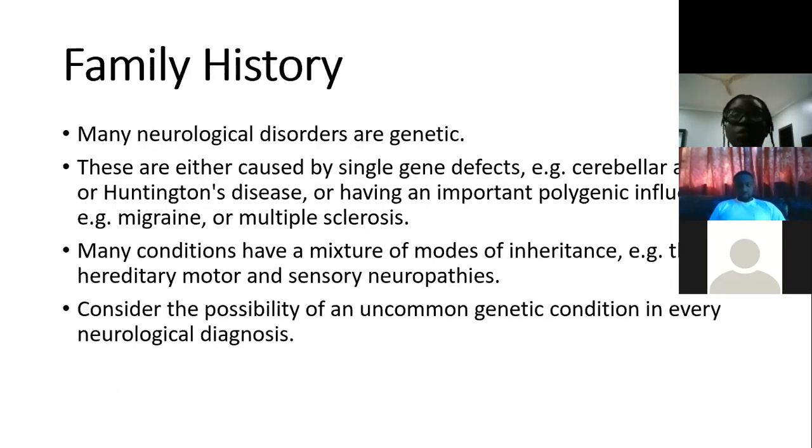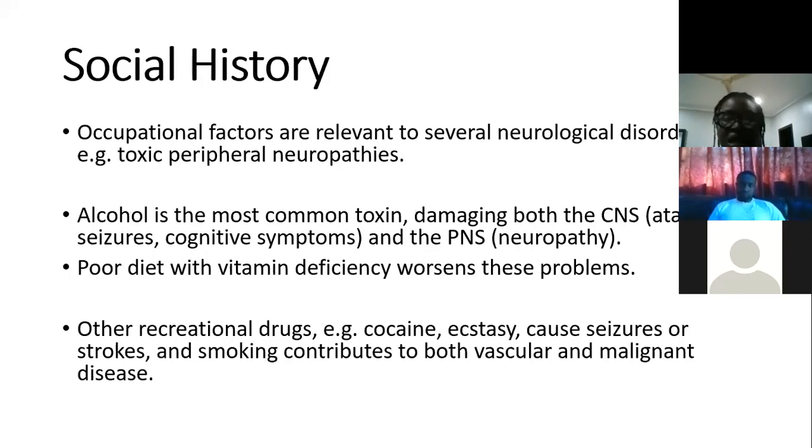Family history is also important because a lot of neurological conditions are genetic. So, for example, cerebellar illnesses, Huntington's disease, Alzheimer's, migraine, they all have a genetic component. So it's important to find out if anybody in the family has any of these. And social history cannot be overemphasized.